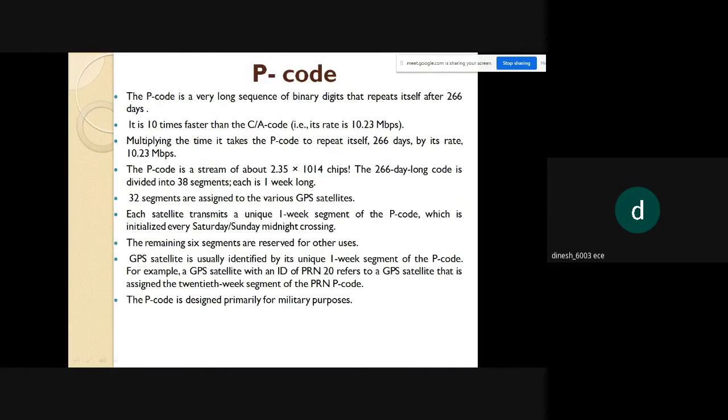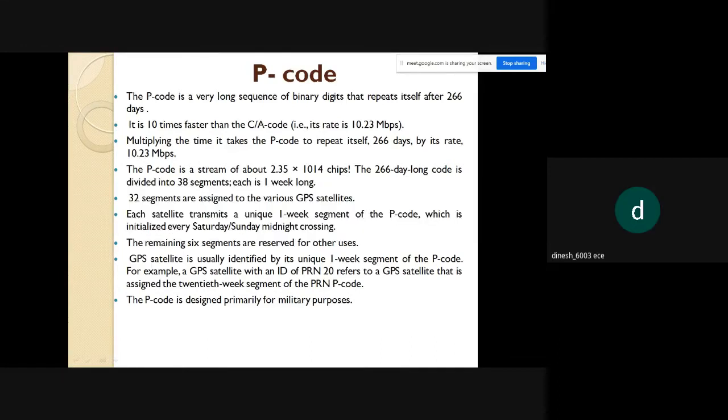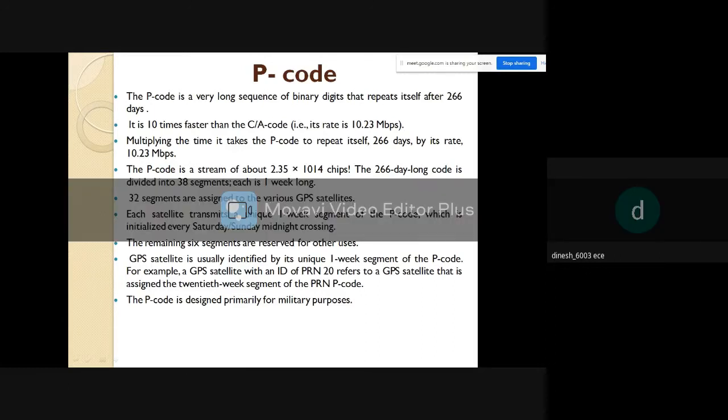There will be 32 segments assigned to various GPS satellites, where each satellite will transmit a unique 1 week segment of P code, which is initialized at every crossing of Saturday to Sunday midnight. So when there is a transition of Saturday to Sunday, during that period the code will change.